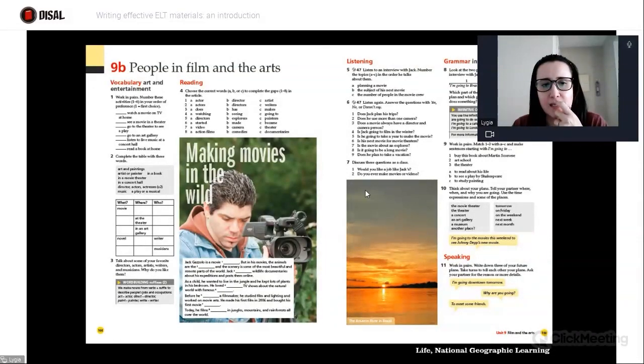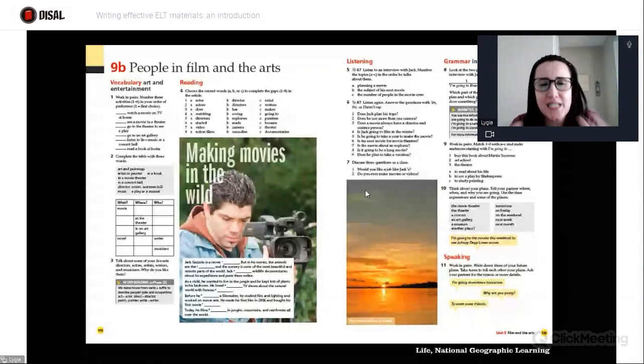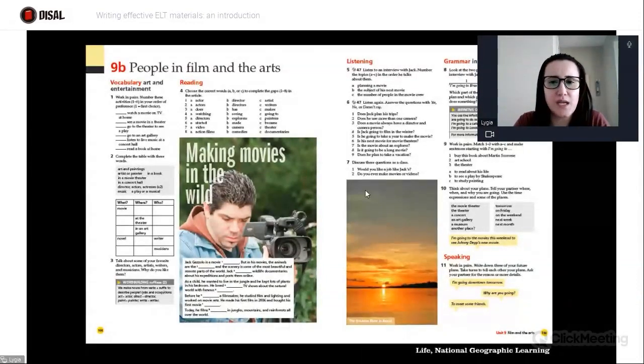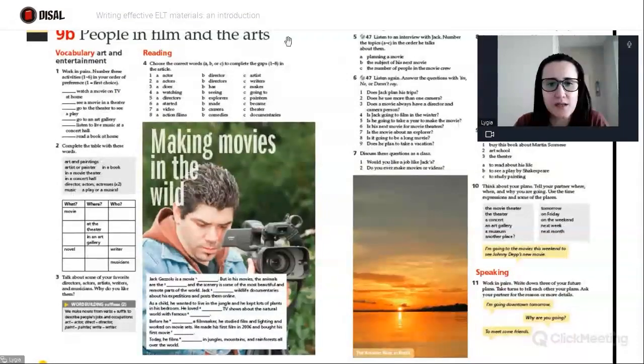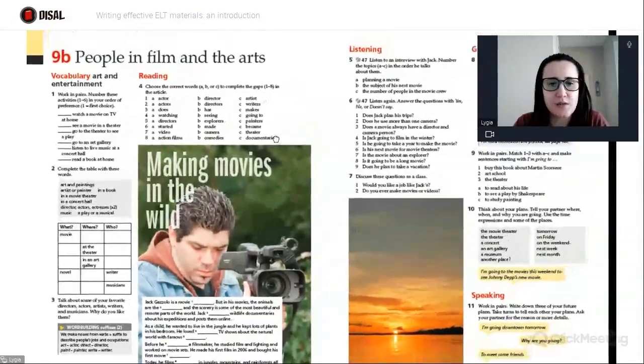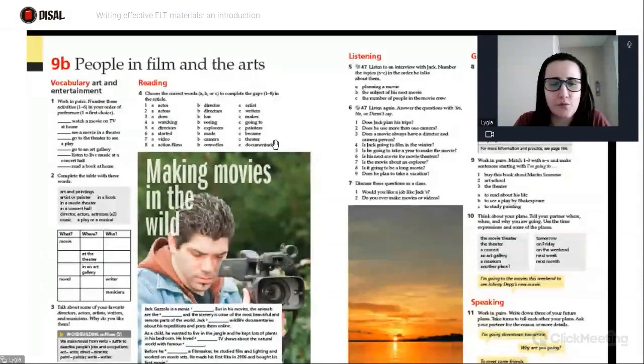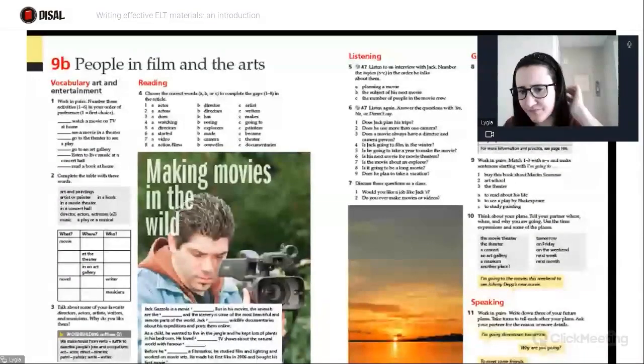You don't need to pay much attention to all the details here. Let me zoom in a little bit just so it's easier for you to read everything. But just by having an overall look at this lesson here, can you find any of the elements that we've talked about today? Let me see.